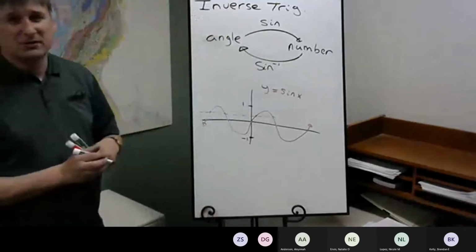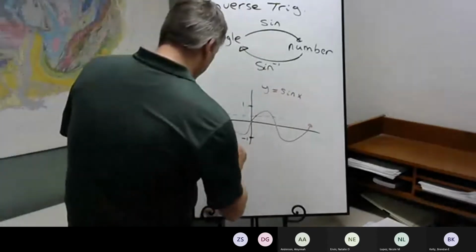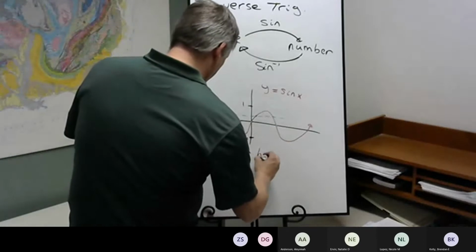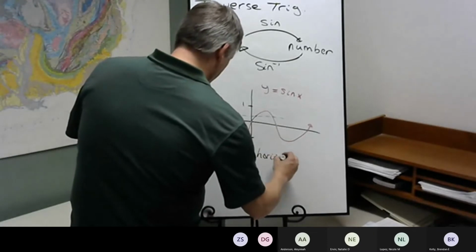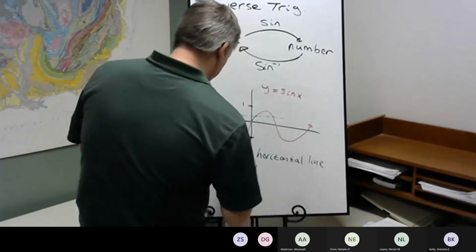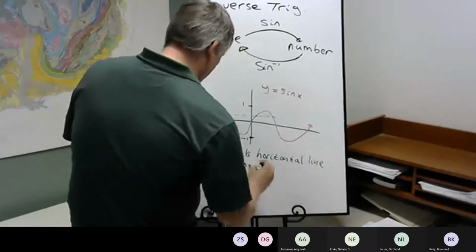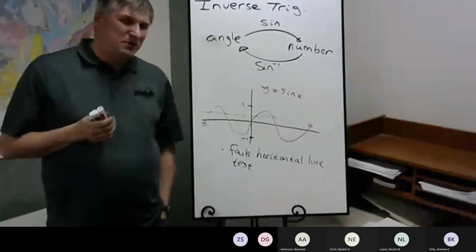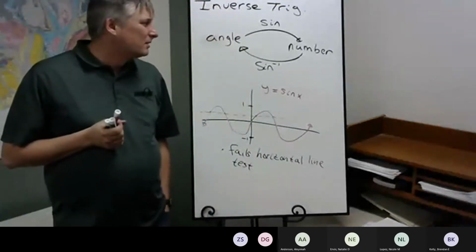This fails the horizontal line test. So this means the inverse of this would not be a function.